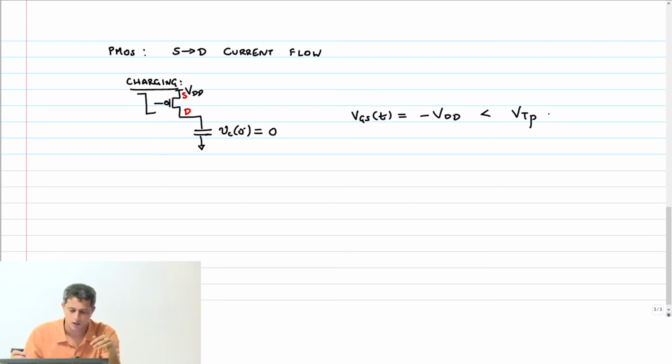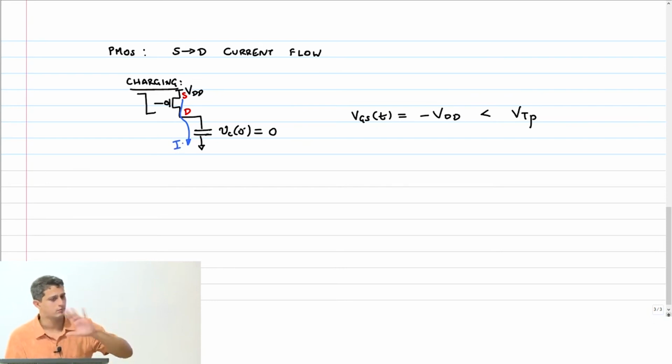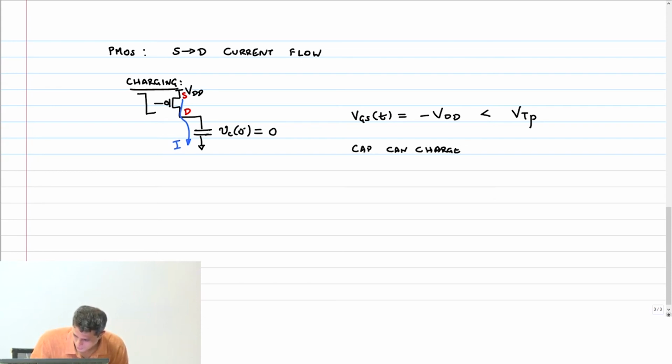Okay, and therefore this guy can now simply charge up in this particular way using this current. So PMOS charging, no problem, it can go rail to rail all the way to VDD, right? So the cap can charge to VDD. What about discharging?